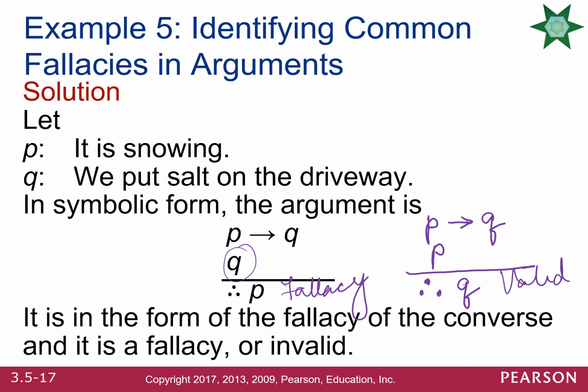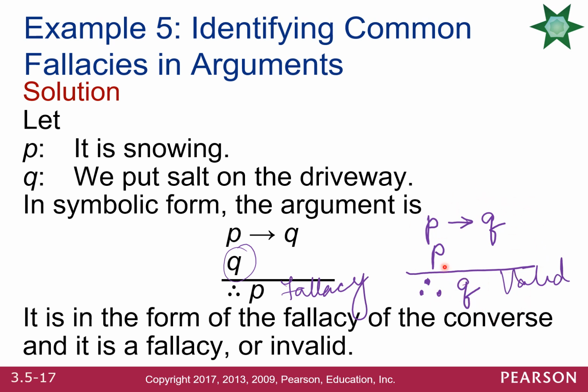All right, so let's once more look at the law of detachment here that we use to change the fallacy to a valid argument. So if it is snowing, then we put salt on the driveway. The second premise is it is snowing, therefore we put salt on the driveway. All right, this was the law of detachment.